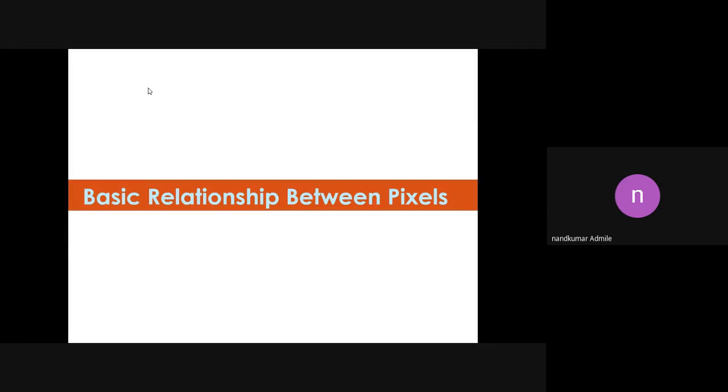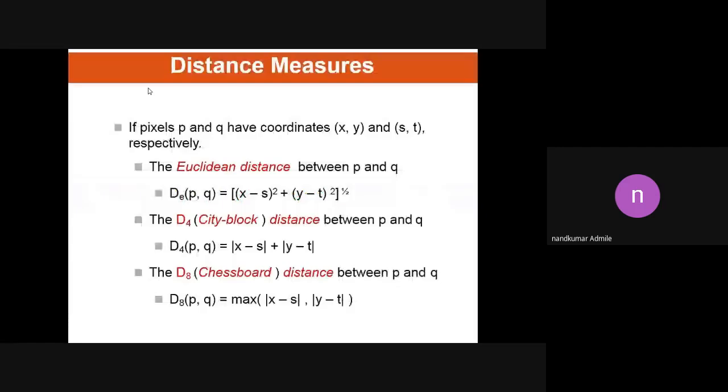If we have to calculate the distance between two eyes, we need to consider the relationship between pixels. How can we calculate the distance between two pixels? In order to measure the distance between two pixels, we have to study various types of distances.